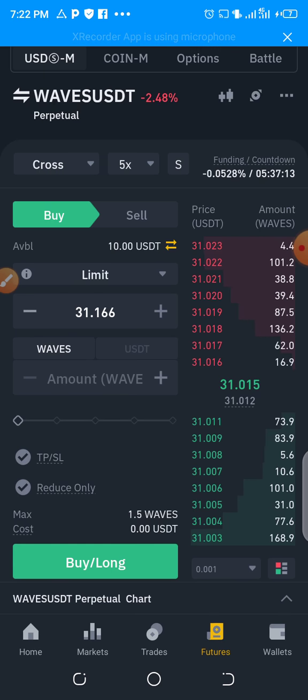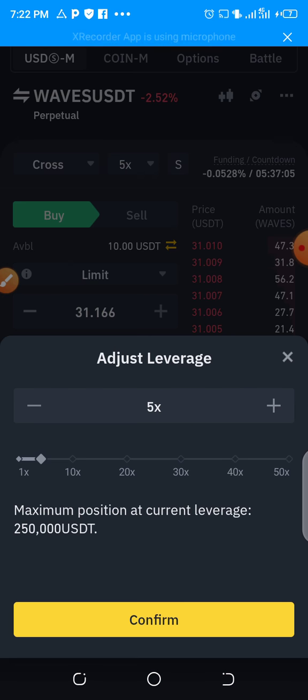So I'm using cross. Now look at the top here. After cross, you see 5x. This is what we call leverage. Leverage increases your trade size and also makes you profit more.